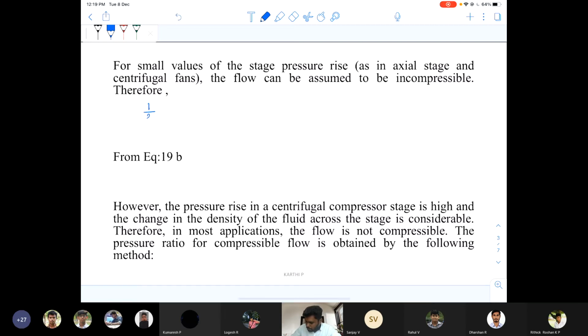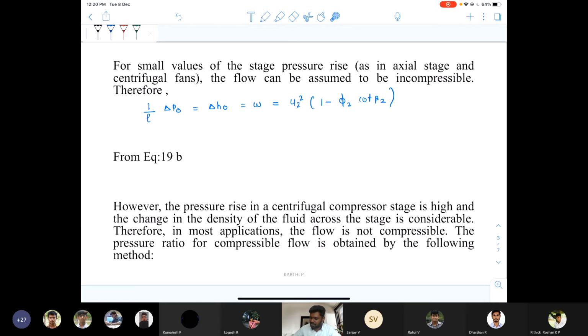1 by rho times delta P naught is equal to delta H naught, which is equal to W, and this is equal to U2 square into 1 minus the flow coefficient at the exit into cot beta 2.